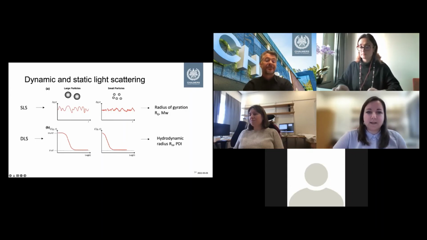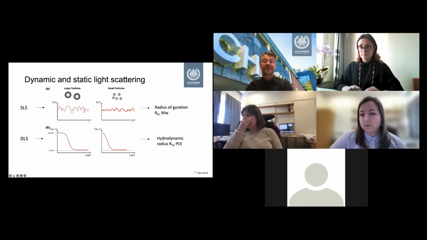From static light scattering, you measure the intensity of the scattering, very similar to small angle X-ray scattering. From that, you get the radius of gyration of your particles, and molecular weight is also possible to obtain. In dynamic light scattering, you get a correlation of the intensity, and from that you can determine the hydrodynamic radius or polydispersity of your sample.